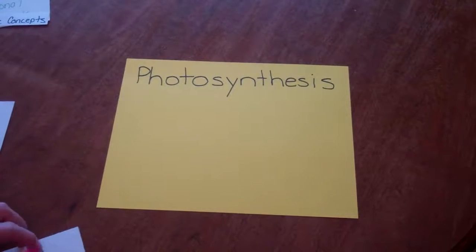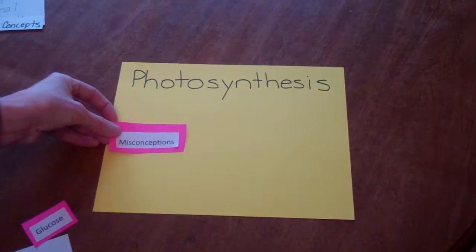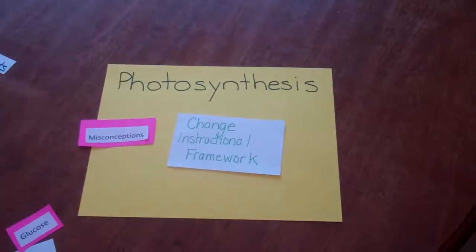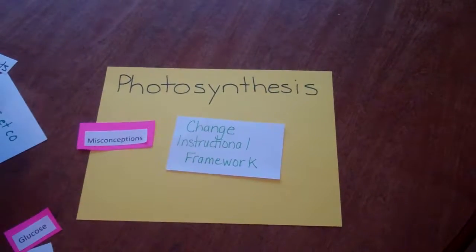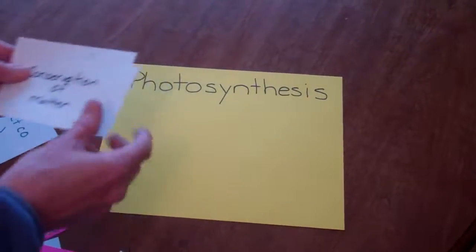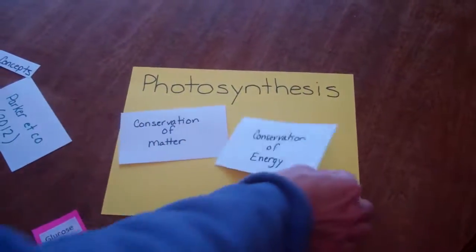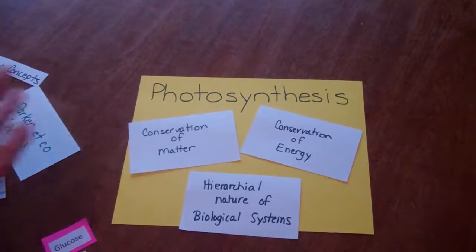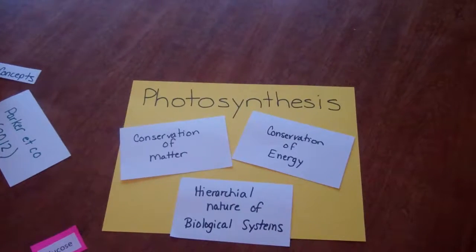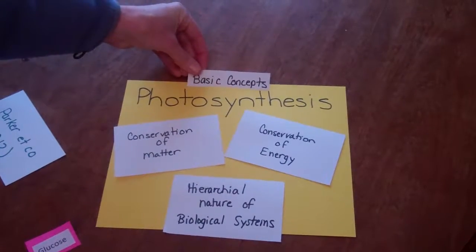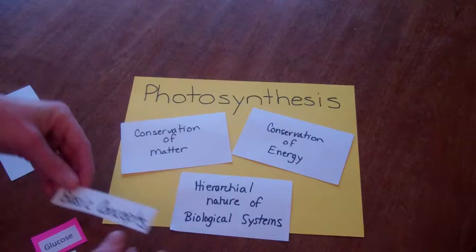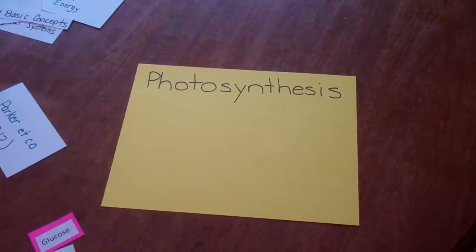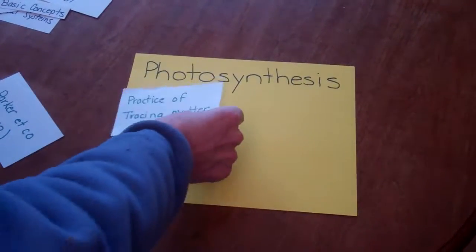To eliminate these misconceptions, they decided they needed to change the instructional framework. So they decided to start with scientific principles such as the conservation of matter, the conservation of energy, and the hierarchical nature of biological systems. They used these principles, in addition to the basic concepts of photosynthesis, to come up with 3 practices which form their instructional framework for photosynthesis.